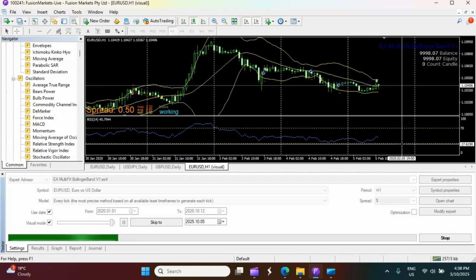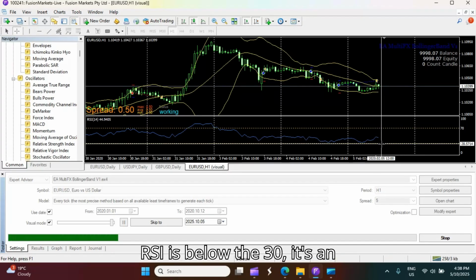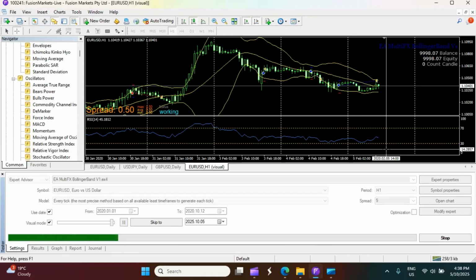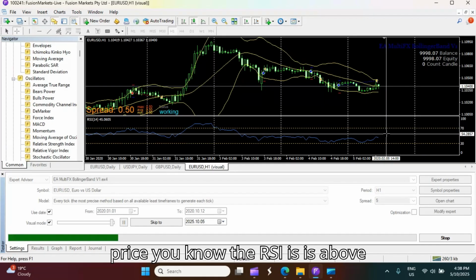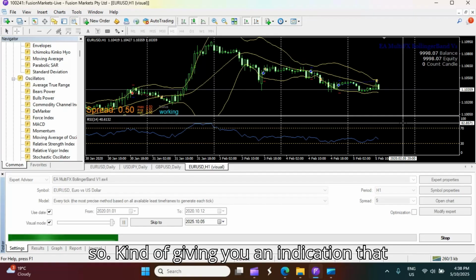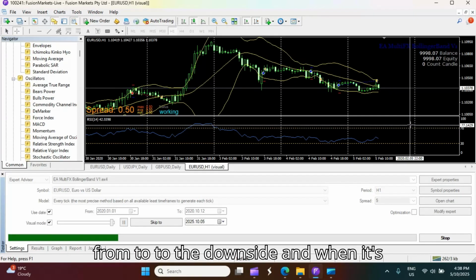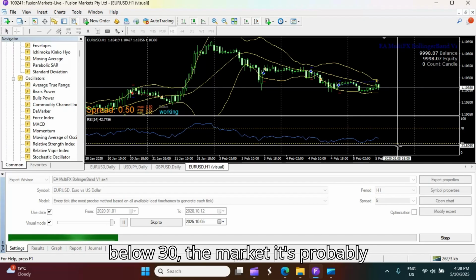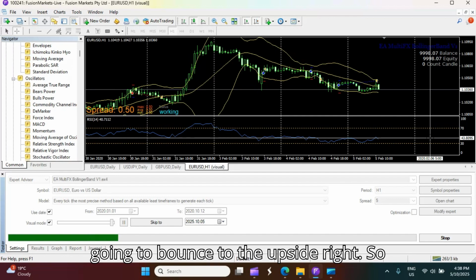It is said that when the RSI is below 30, it's an oversold market, and when the RSI is above 70, it's an overbought market. So that gives you an indication that the market could turn around to the downside. And when it's below 30, the market is probably going to bounce to the upside.